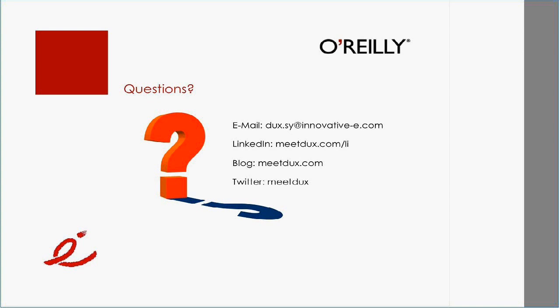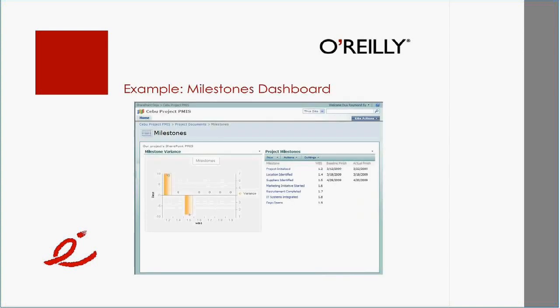That's great. One person just asked, you said everything you showed was on the bare bones SharePoint, which I thought was excellent news. Does the milestone chart that you displayed come with SharePoint or with MOSS? Very good question. When I showed the dashboards, everything is part of Windows SharePoint Services, which is the bare bones, the free version, except the chart that you see on the left side.